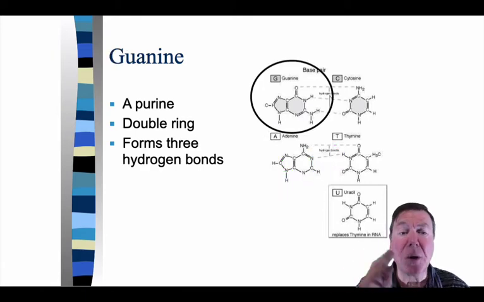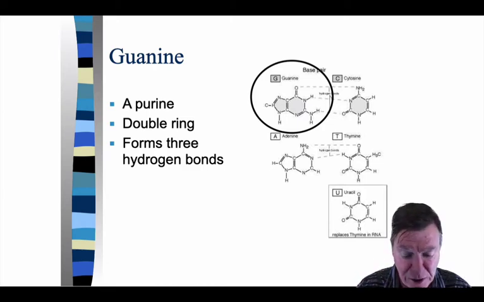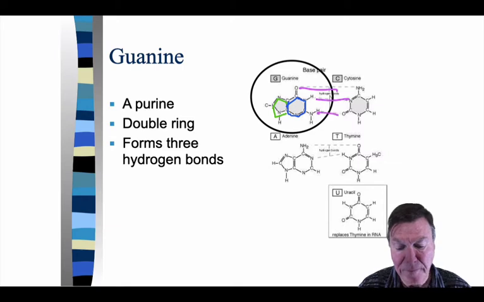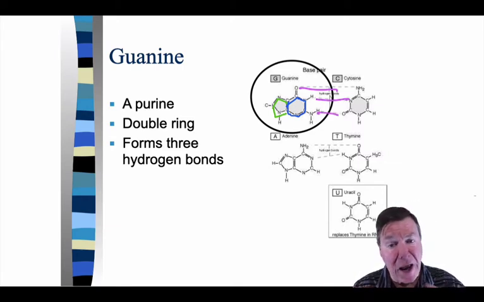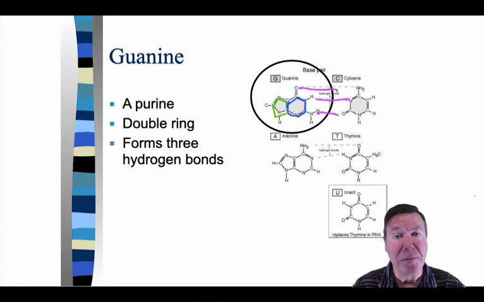Guanine is also a purine. It also has 2 rings, but it forms 3 bonds. Again, we have the first ring, the second ring, and 3 bonds. Guanine is a purine, just like adenine. It's 2 rings, but 3 bonds.